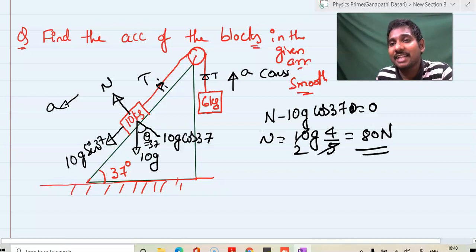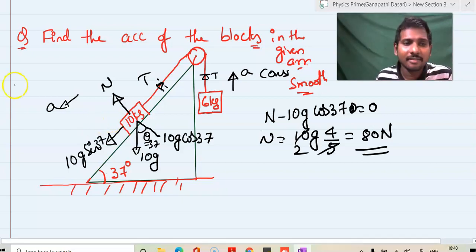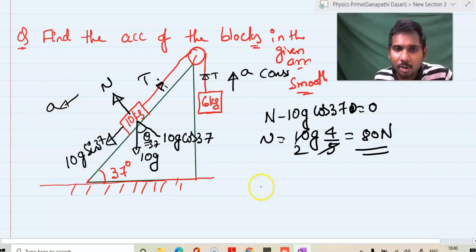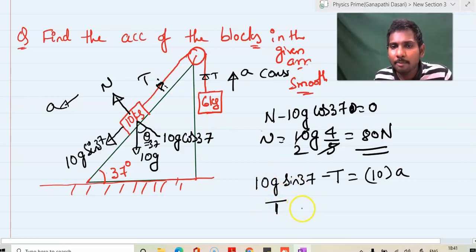That means it is conveying that the resultant acceleration is coming in the opposite direction to the direction that you have taken. Here I have taken acceleration in this direction. That means 10g sin 37 minus tension is equal to mass, that is 10, into acceleration along that inclined plane downwards. Then this tension T upwards minus 6g is equal to 6 into acceleration in the upward direction.